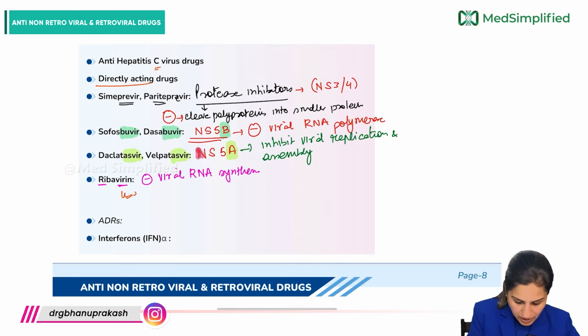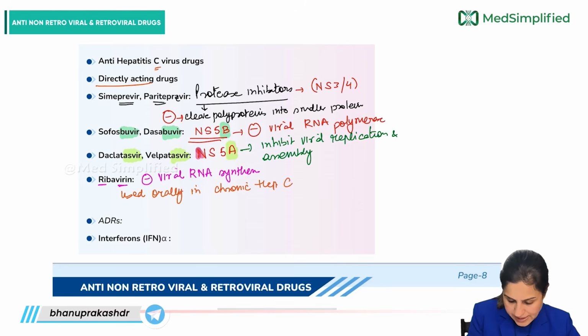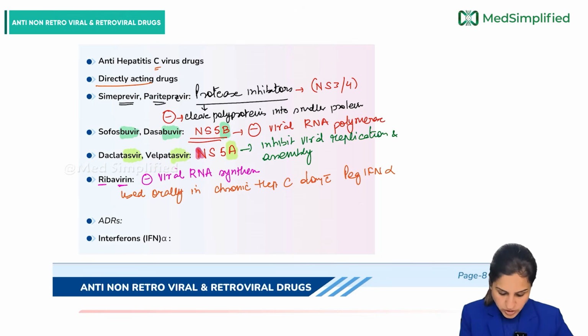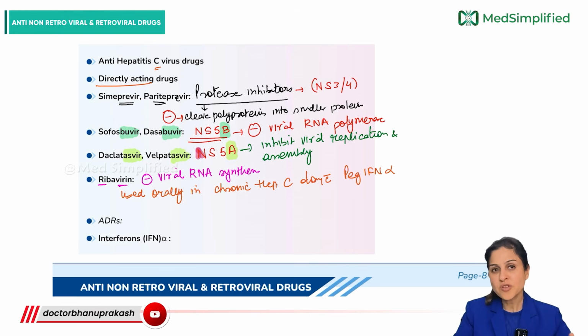So this drug is used orally in chronic hepatitis C infection along with pegylated interferon alpha. Important is that it's used along with pegylated interferon alpha. So interferon alpha here, we use it for a long period of time, 6 to 12 months.